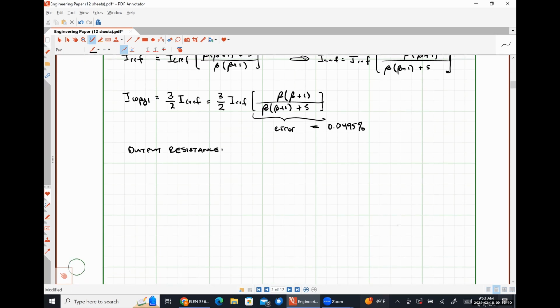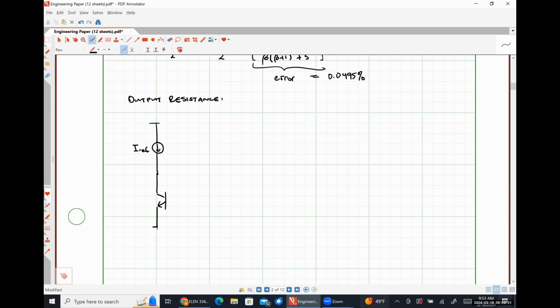Okay. So let's look at our basic current mirror and see what this looks like.